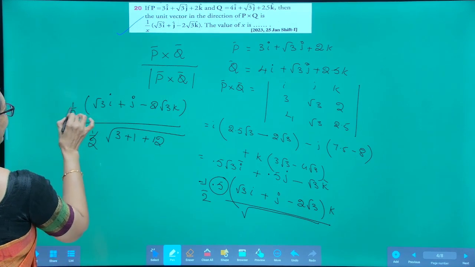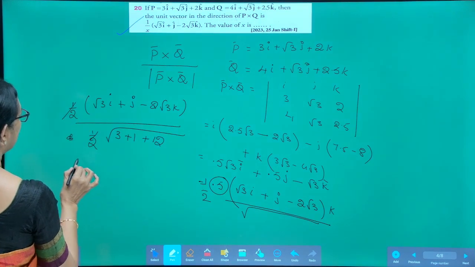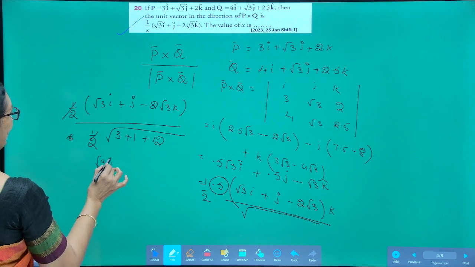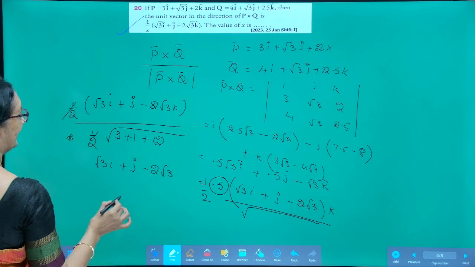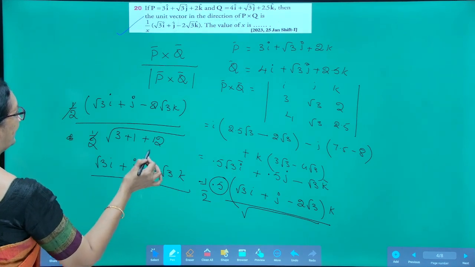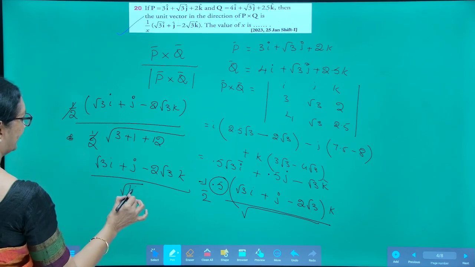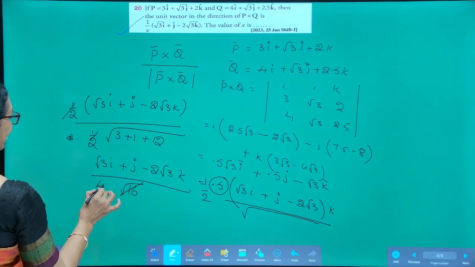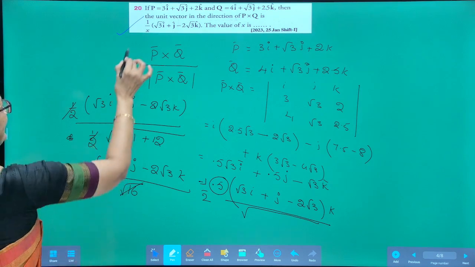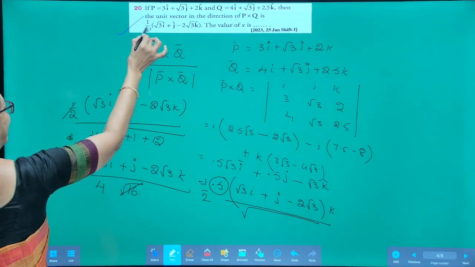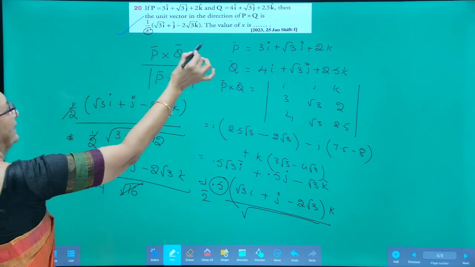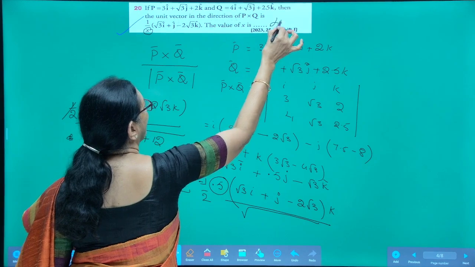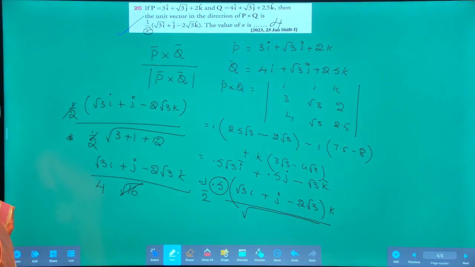So half and half gets cancelled. This is root 3 i plus j minus 2 root 3 k divided by root 16. Root 16 is nothing but 4. So in place of 1 by x, you have 1 by 4, or in place of x, you have 4. The answer is 4 for that problem.